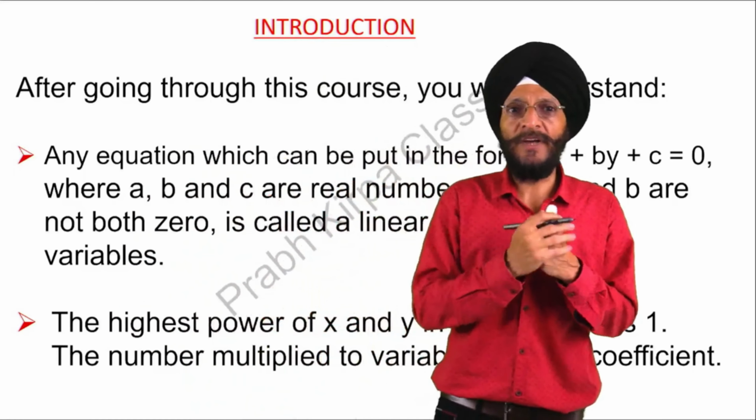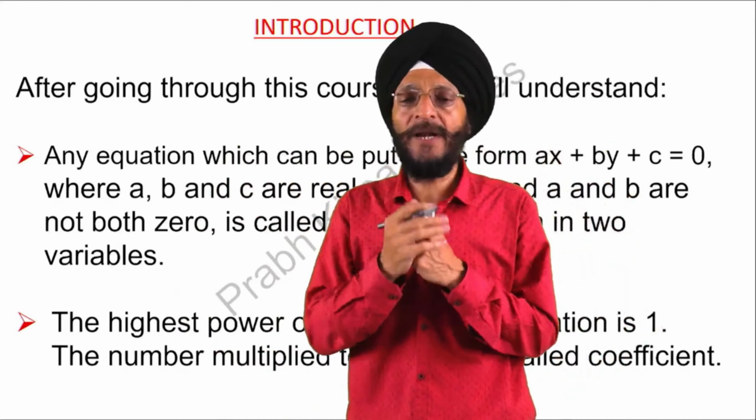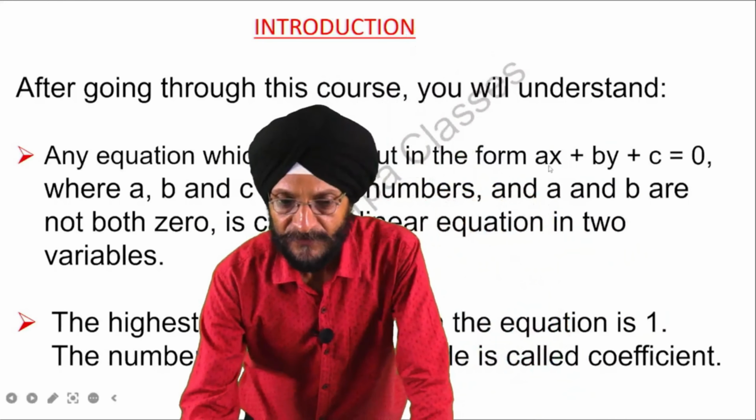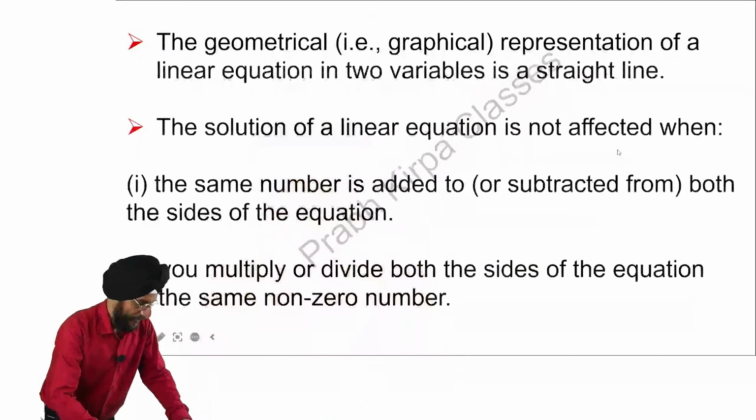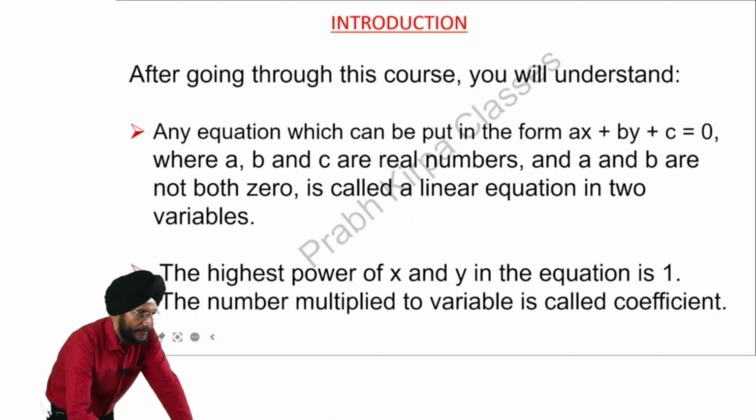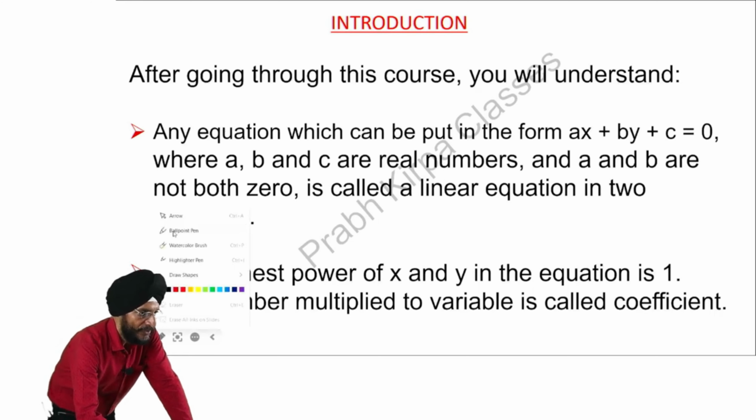And the highest power of the variables, that is x and y, is only 1. The numbers which are multiplied to the variables, that is a and b, are called coefficients.